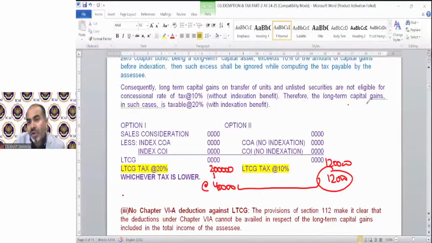So technically, we have long-term capital gain in three categories. 112A, that is 10%, having specific provision.